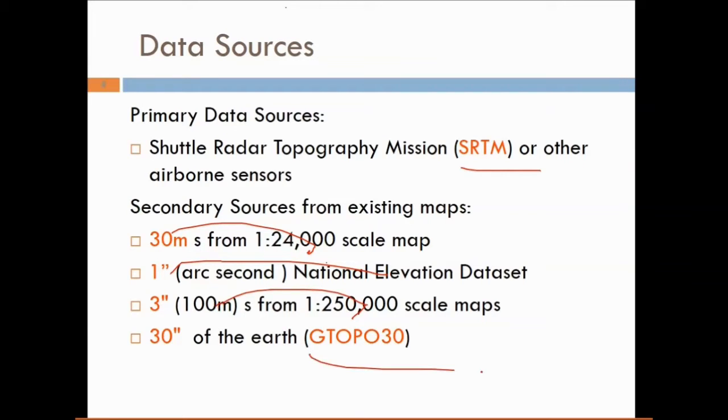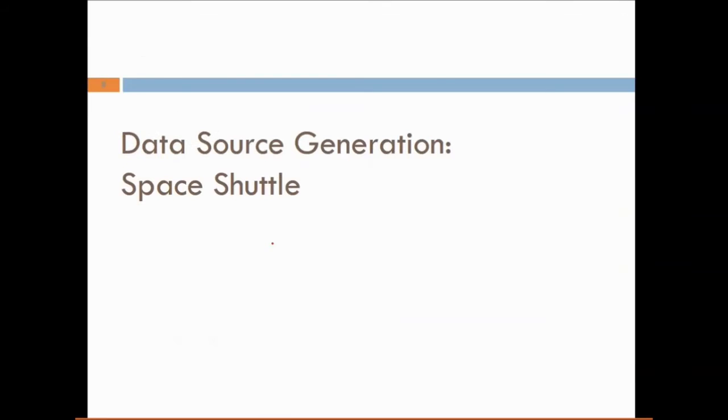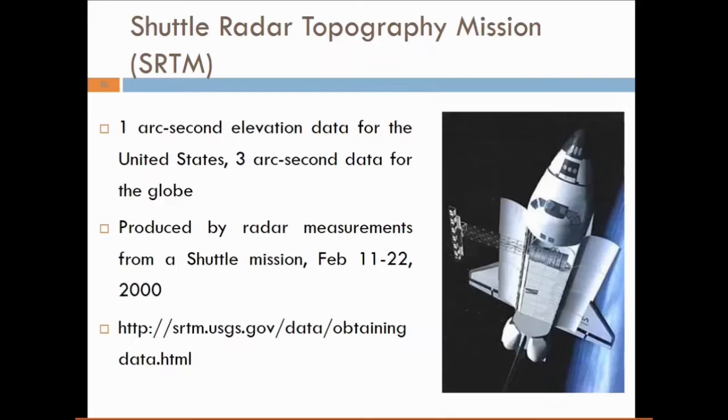GTOPO30 is also an elevation dataset they have made for the complete Earth. And as far as the space shuttle is concerned, SRTM, the Shuttle Radar Topography Mission, provides 1 arc second elevation data for the United States and 3 arc second data for other parts.